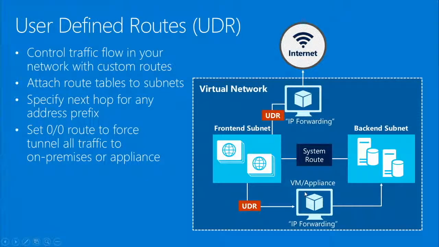This virtual machine is where you can run any of your applications. You can just log the packet, or do more application-level filtering and choose to drop the packet, or do some NATting or whatever you want before the packet goes to the backend. So this is really user-defined routes.